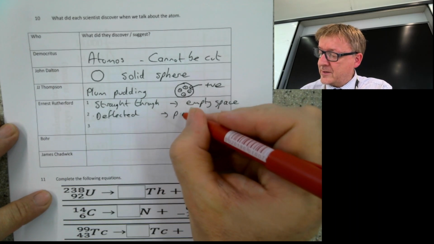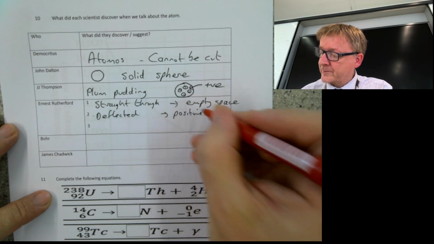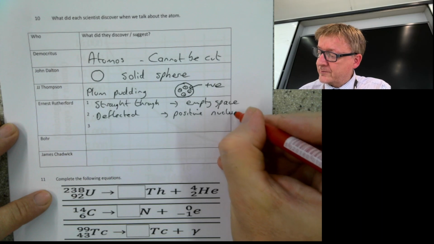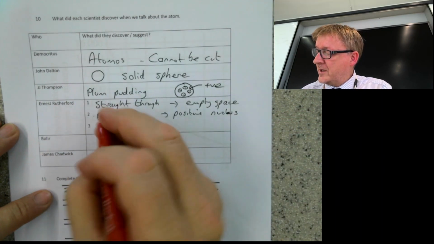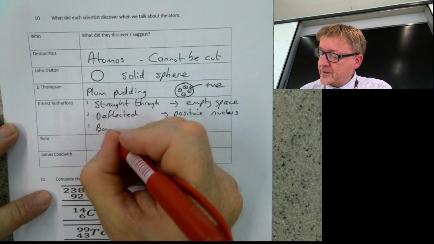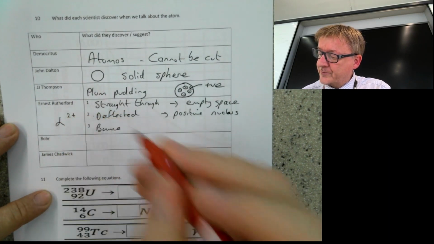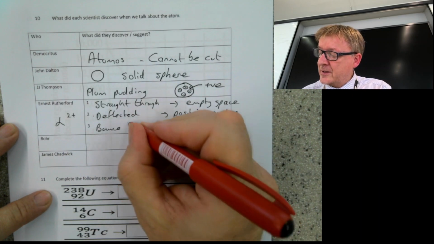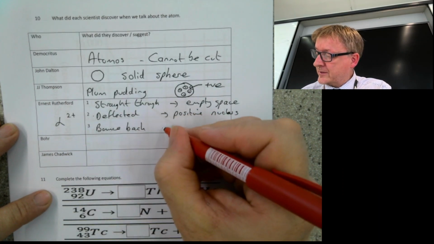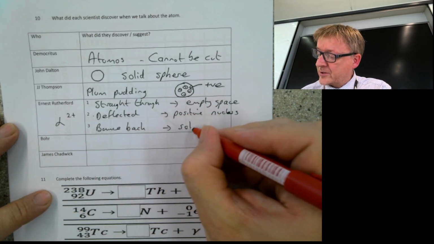That means a positive nucleus. And the third one is he noticed that some of the alpha particles, I'm just going to write down alpha there again, 2+, it's a helium nucleus, bounced back. That means a solid nucleus.